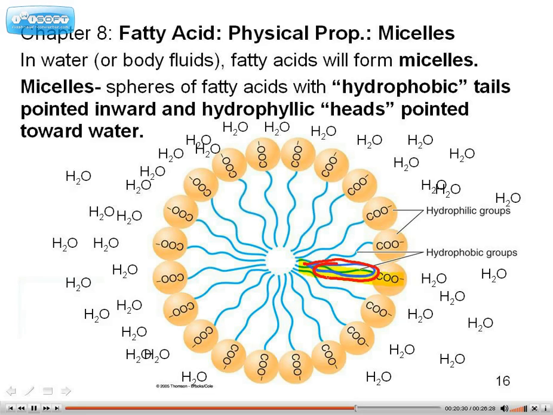So when you start putting fatty acids in water, this becomes an issue because water is polar, whereas a fatty acid has a polar head and a nonpolar tail.